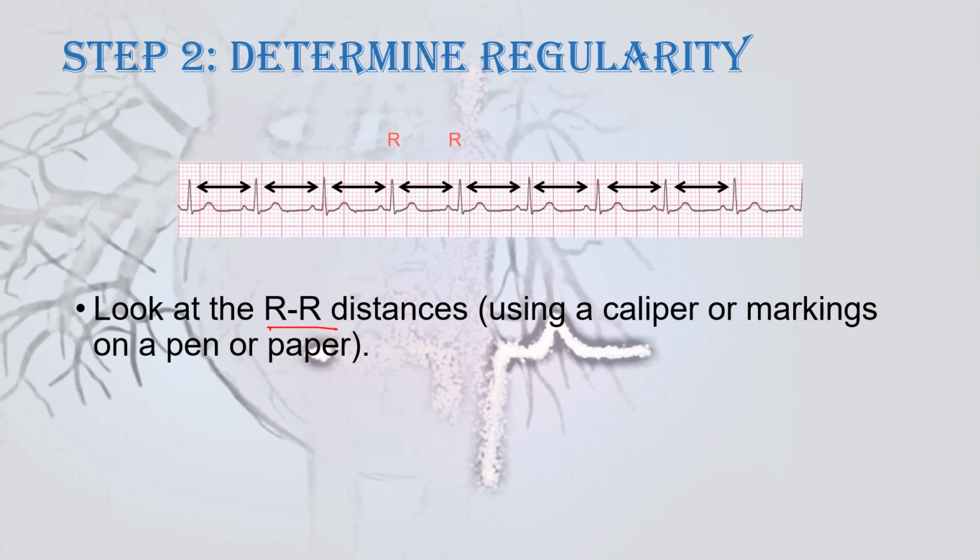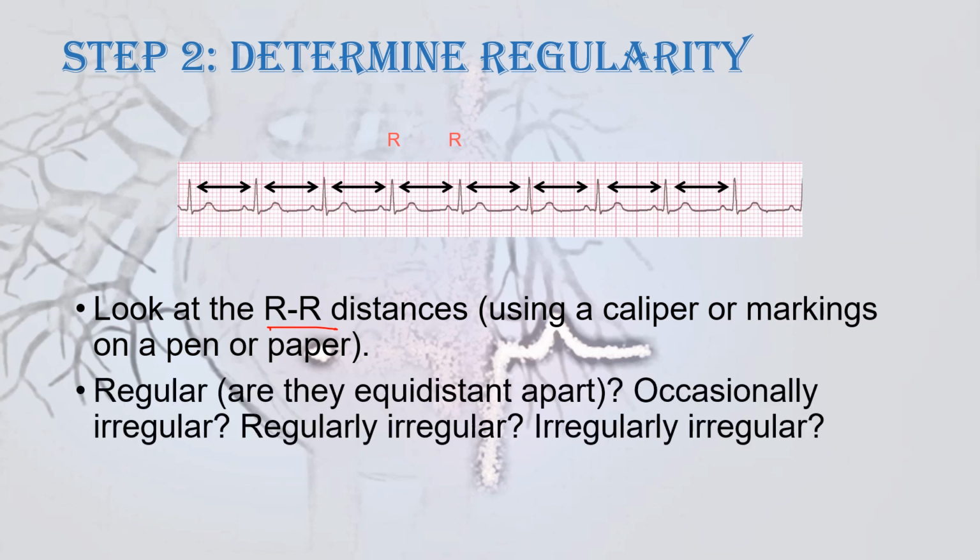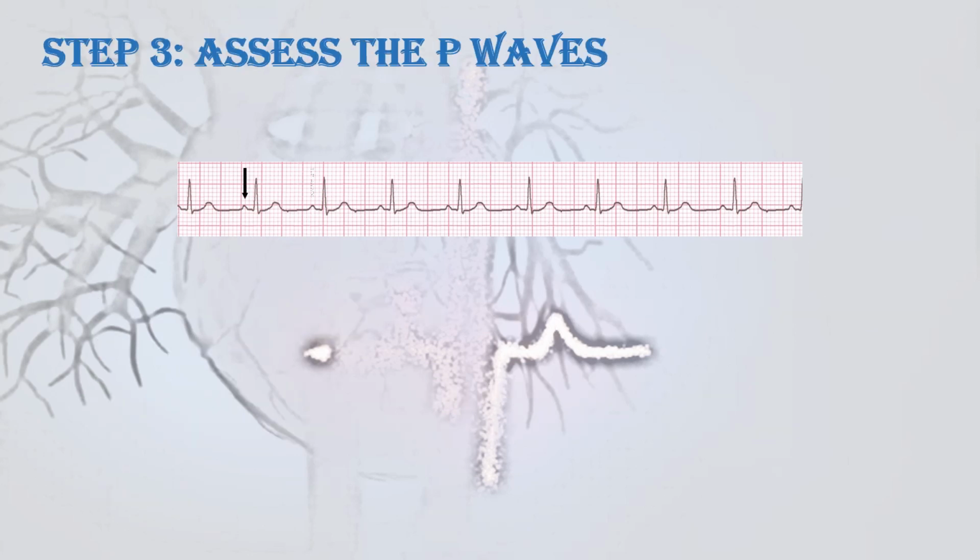Using a caliper or markings on a pen or paper, we can find the RR distances to measure whether it is at equal intervals or the rhythm is regular or not. Regular in the sense, are they at equal distance? In this ECG paper, this is regular because all RR intervals seem the same, so it is a regular rhythm.